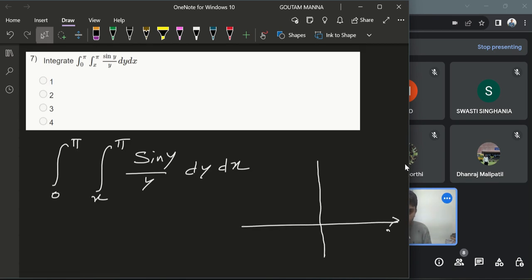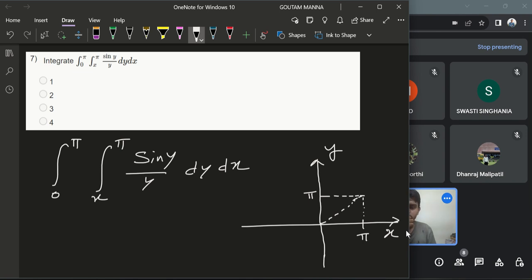Let's draw the region where we are asked to integrate. X is going from 0 to pi, this is 0, this is pi, let's say, and y is going from x to pi, so this is y equals to x, and this is y equals to pi.